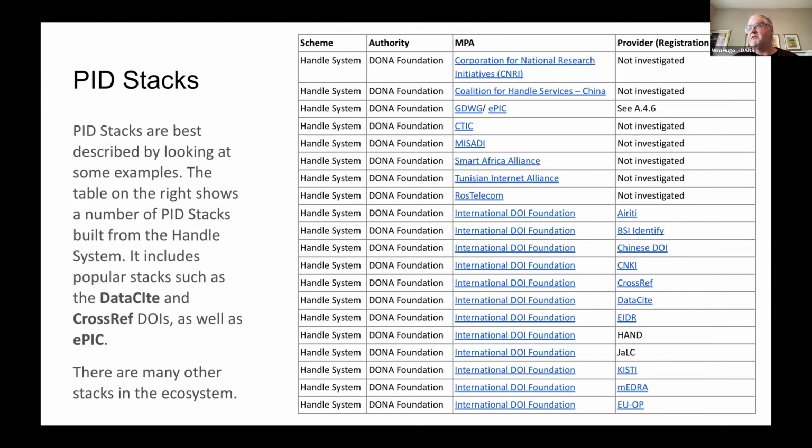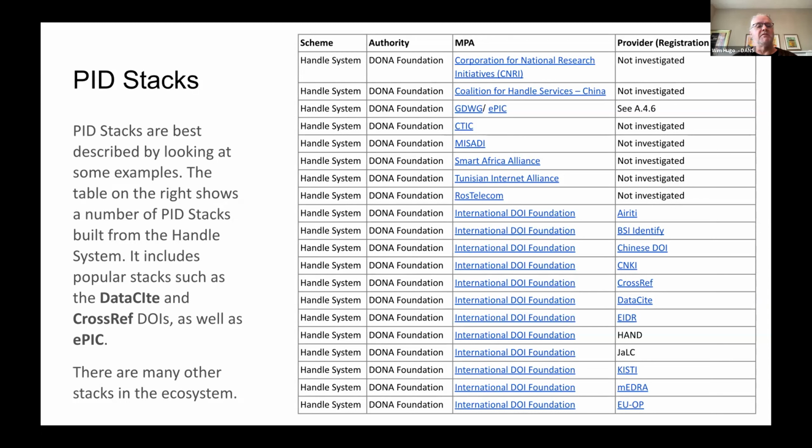And some of the PID stacks are very simple. You can go directly to a service provider as an owner and request a persistent identifier, and that would be it. But many of the others, and especially the DOI-based systems that are ultimately derived from the handle system, many of those are very complex in the sense that there are multiple actors in the ecosystem that all have to do a good job and comply with policies or best practices for the PID stack to be viable.